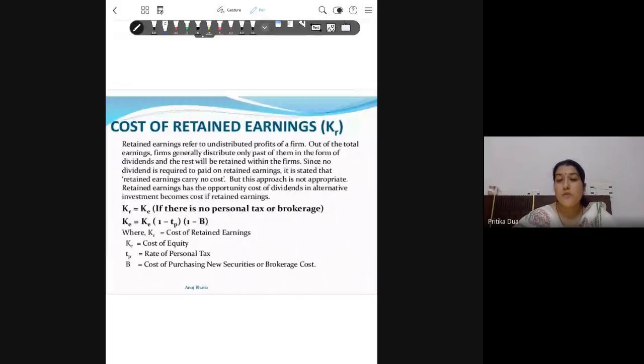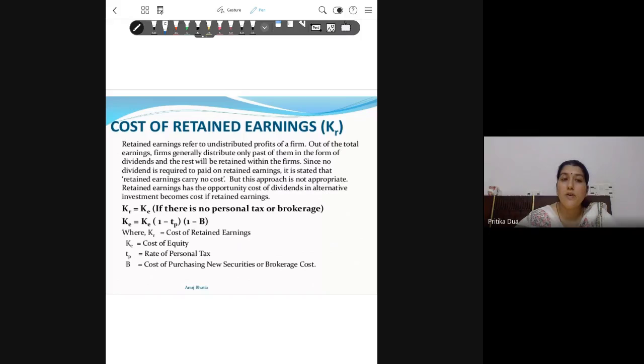Okay, so 10.70, 10.80, and so on. So you are expecting more from the company if the company is retaining the earnings. So retained earnings always involve a cost.